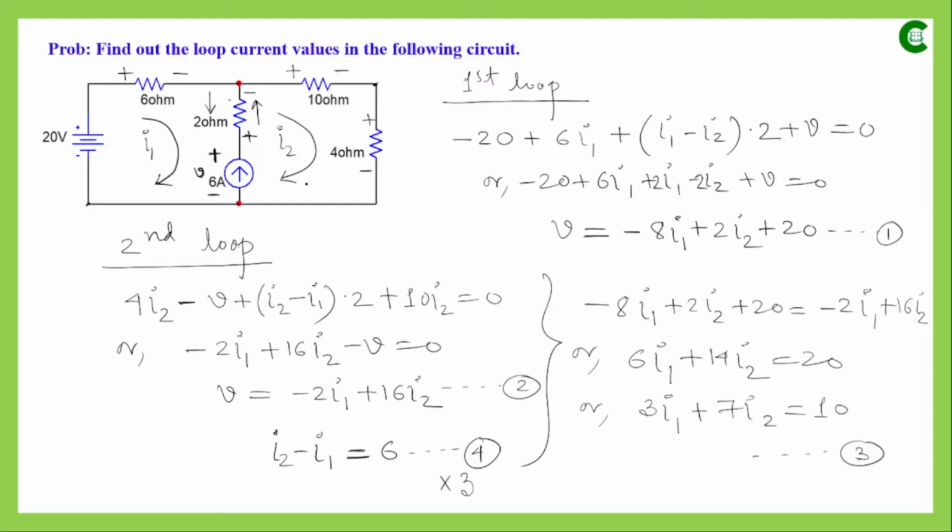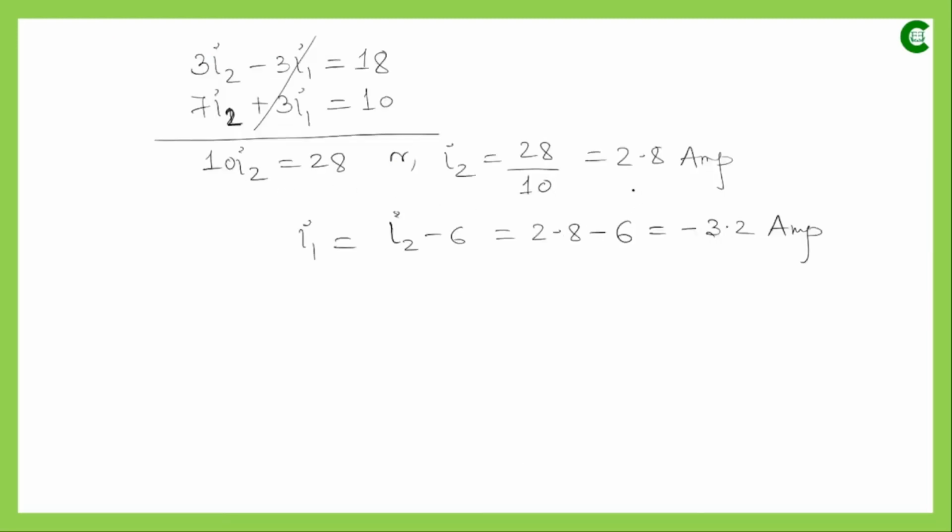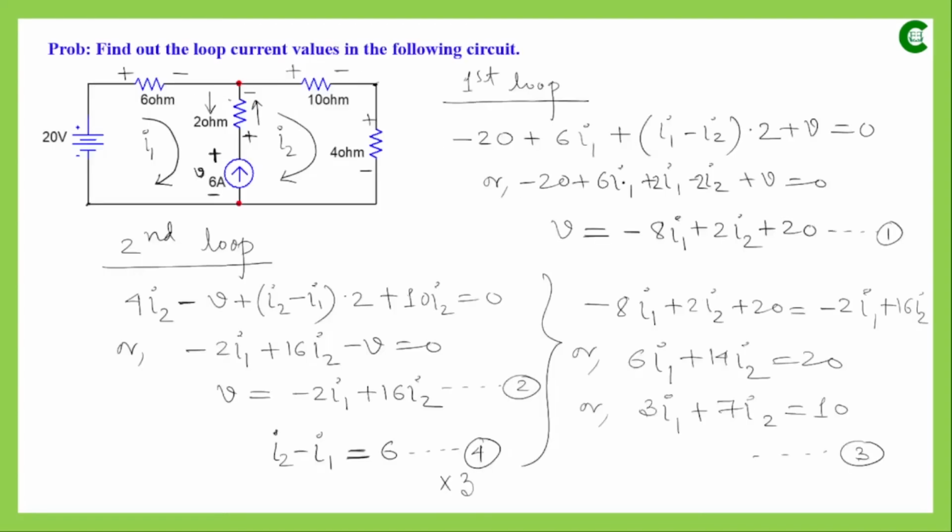In the second loop we assumed that I2 is flowing in the clockwise direction, and that value we finally got as 2.8. Since it is coming out positive, our assumption for the second loop was correct. So in the second loop, the current is flowing in the clockwise direction.